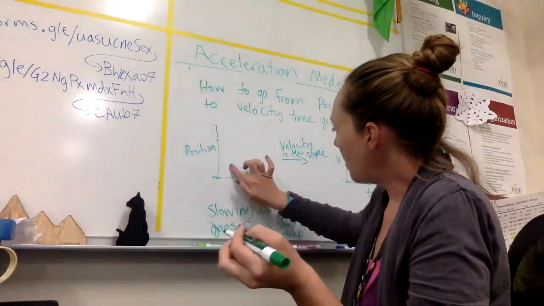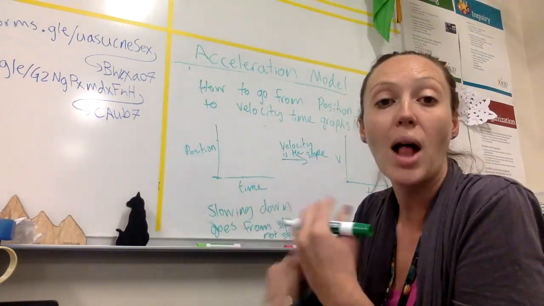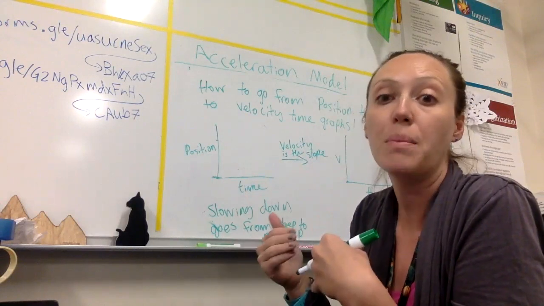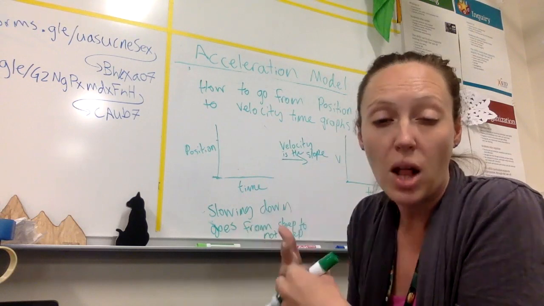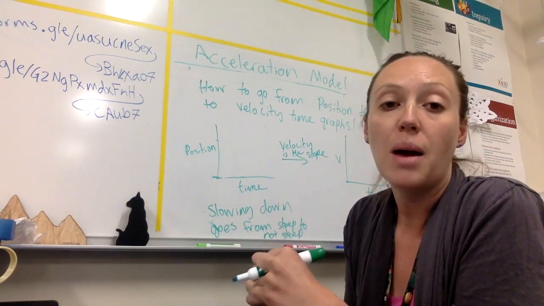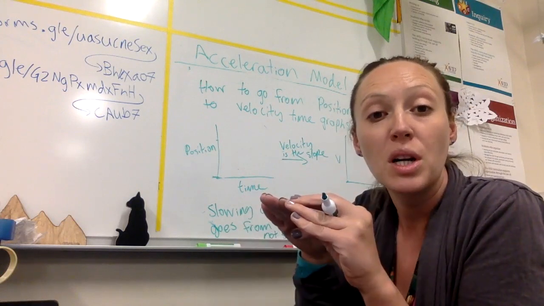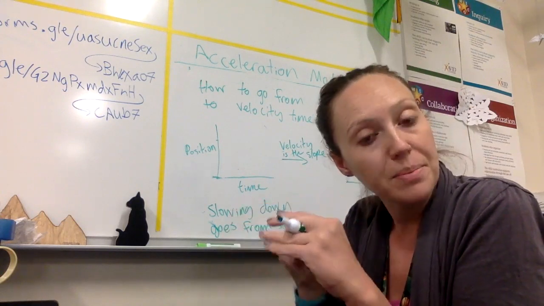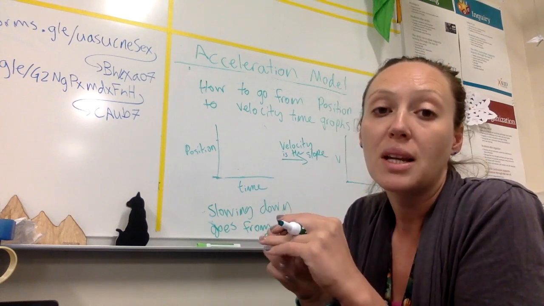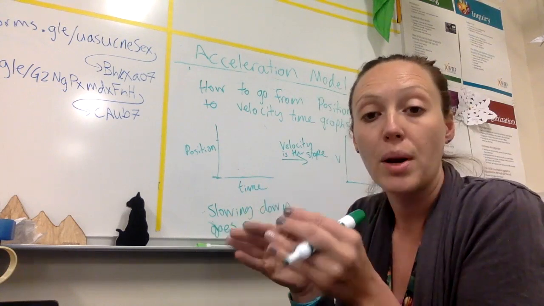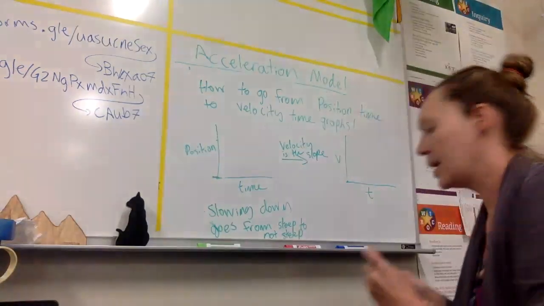So you just want to think about every second, is your slope getting steeper or shallower? If you're speeding up, your slope is getting steeper. If you're slowing down, your slope is getting shallower. If you're speeding up in the negative direction, your slope is getting steeper and more negative. If you're slowing down in the negative direction, your slope is getting less steep, getting shallower in the negative direction. So think about it.